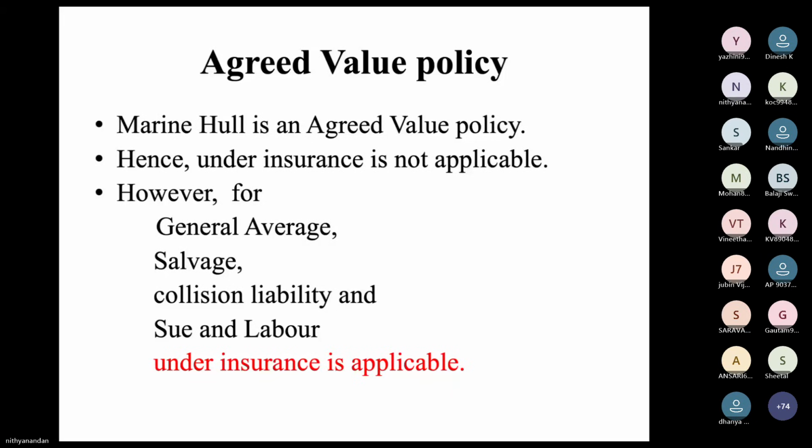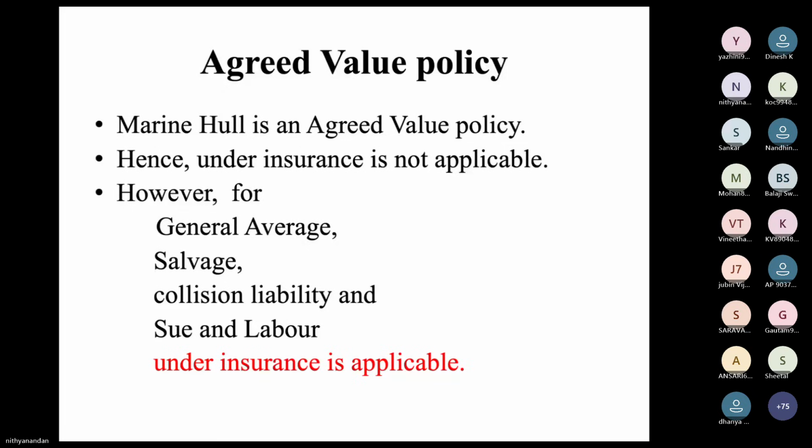Okay. So naturally, when an agreed value policy is issued, underinsurance is not applicable because the value is already agreed. It is not reflecting the market value. So you cannot compare the market value and the actual sum insured while settling the claims and apply underinsurance. Whenever an agreed value policy is issued, there is no question of market underinsurance, right?